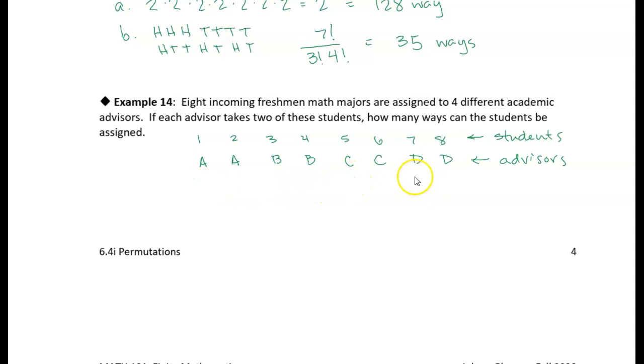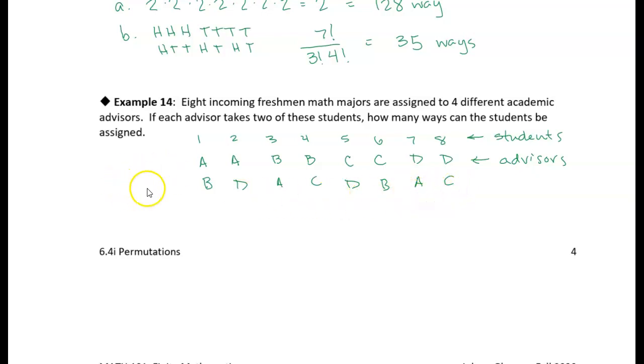I could assign Alice to student 7 and student 3, and I could assign Bob to student 1 and student 6. I could assign Charles to student 4 and student 8, and then I would have to assign Diane to student 5 and student 2. So that's another way that I could match those students with advisors.